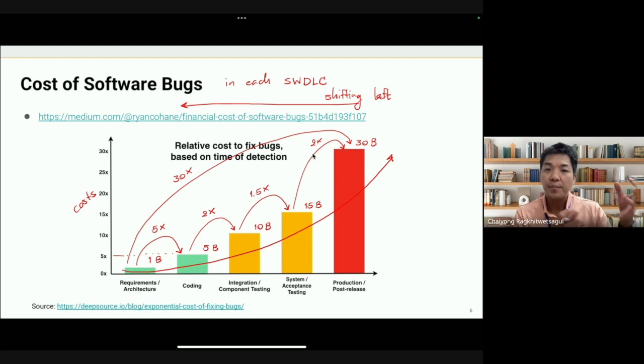Make sure that the requirements are as correct as possible. When you move to coding, you do unit tests to make sure that the code is correct. When you do integration of the modules, you do integration testing, and then you do system tests, to make sure that before you deploy, there are as few bugs as possible to reduce the cost.